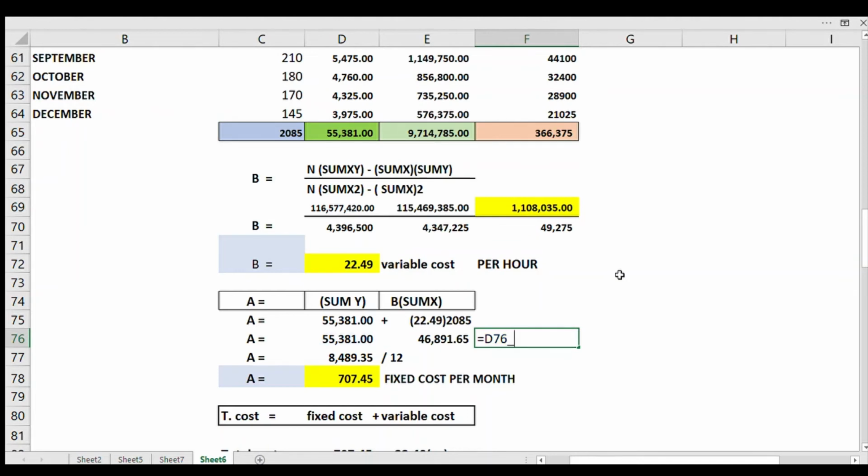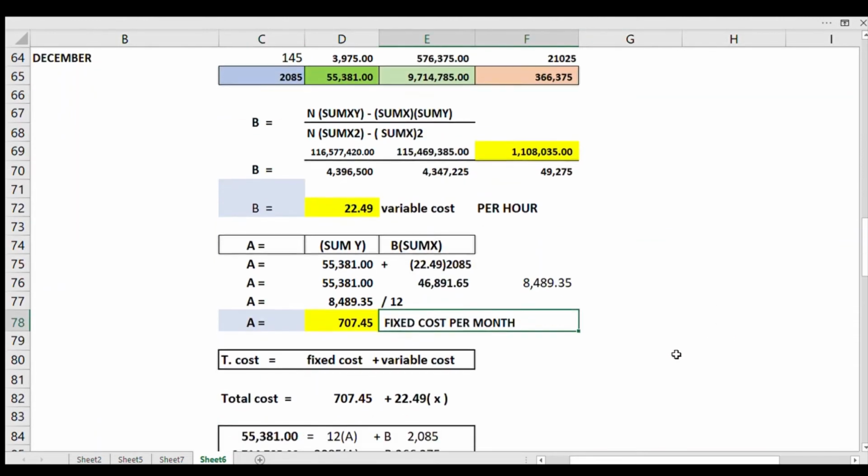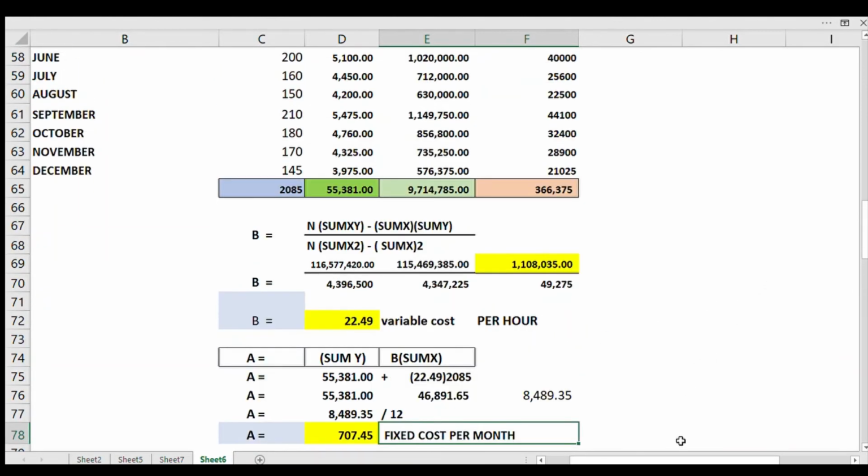Okay, less. So, proven talaga natin na 8489.35. That's for one whole year, and that represents 12 observation. So, divided by 12, we will get the fixed cost for every month, which is 707.45. As you can see, it's quite different again.